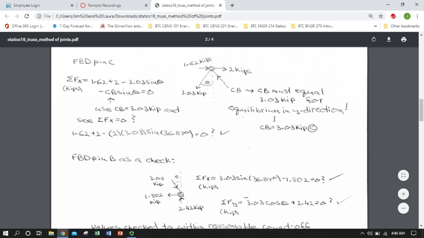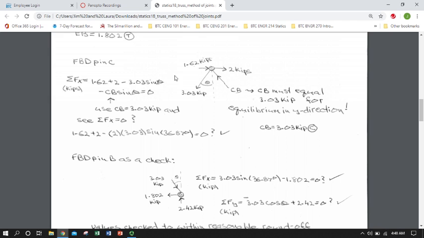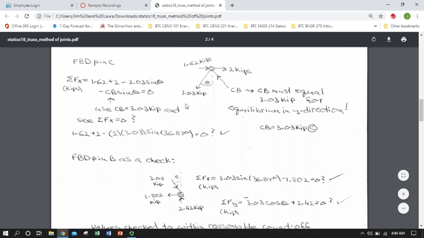That's sort of a bit of a tautology. We can check it. That becomes a check in the vertical. So we actually solve for CB with either the vertical or the horizontal, and then we can use the other orthogonal direction as a check. So we start actually getting a check equation out of pin C, which is nice.